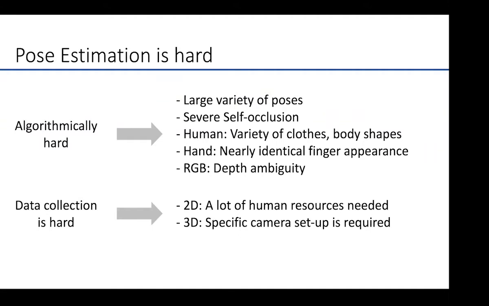We cannot tell how far a key point is from the camera, because we need accuracy like 2 millimeters, and humans are not able to do this. When data are labeled for 3D, there is a specific camera setup. The cameras are put in particular positions, and then some calculations are made to find 3D locations.